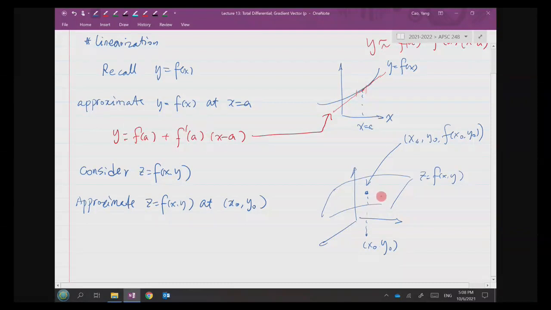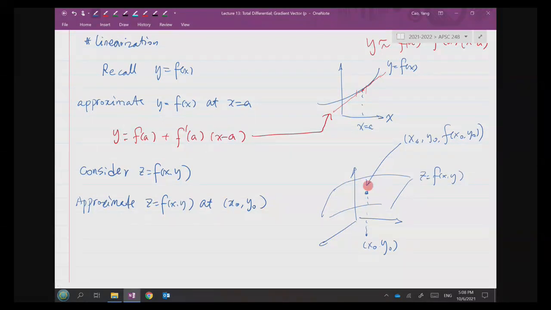Then if I have a curved surface and I need to find something to approximate the surface at this location, instead of a line, what do you think would be a suitable geometry to approximate this surface? Not a line anymore. It should be a plane, exactly.